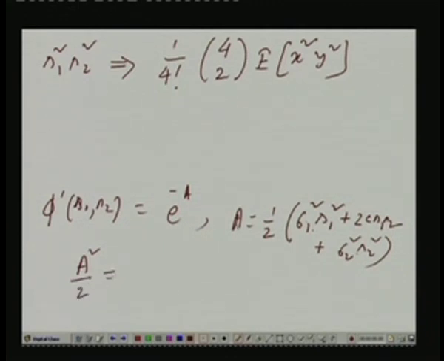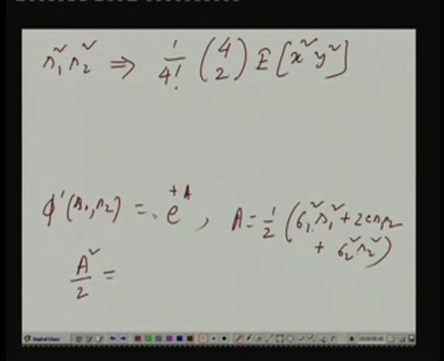Remember how I am getting a square by 2, that is, I expanded e to the power minus a into its power series. In fact, it should be to the power plus a, you remember, because in the characteristic function we had terms like minus omega 1 square, minus omega 2 square.